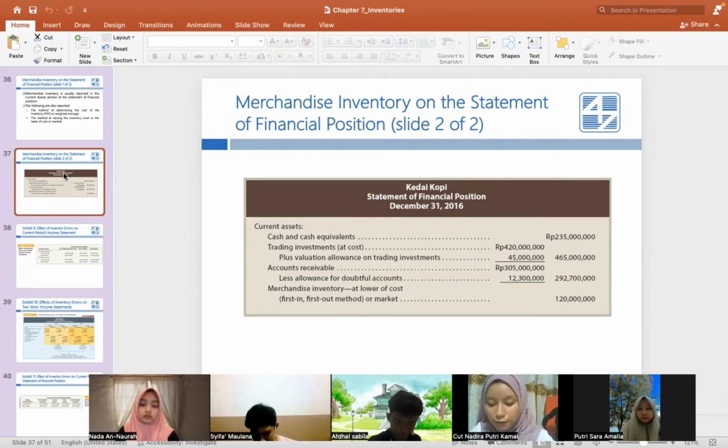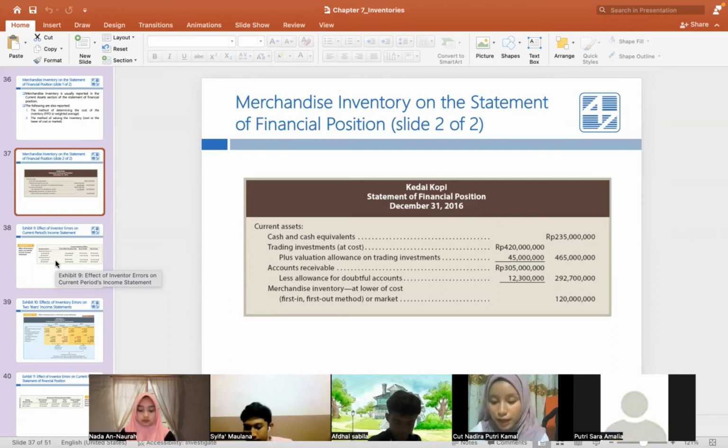Here we have the example of Kedai Kopi, December 31, 2016. The following information is about the current assets. The first one is cash and cash equivalents. It is reported that 235 million rupiah.